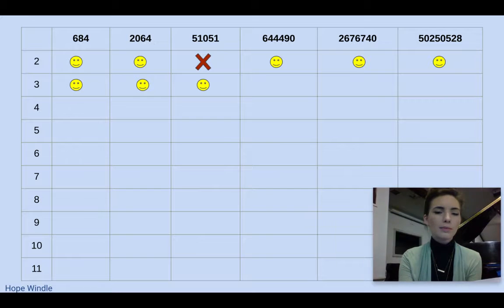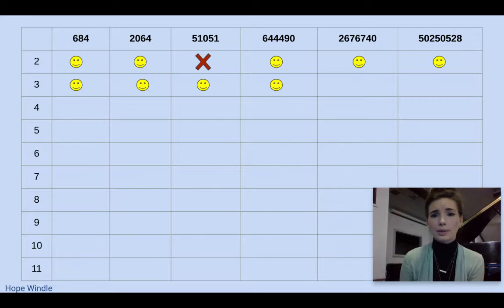Let's keep going: 6 plus 4 is 10, plus 4 is 14, plus 4 is 18, plus 9 is 27, and we know that 27 is divisible by 3, or 2 plus 7 is 9, so that's also going to work.